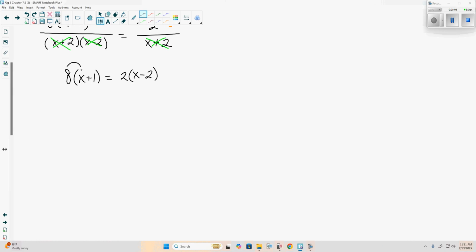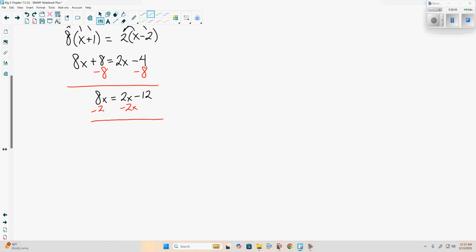Luckily for us here, this is kind of nice. We distribute the 8 and get 8x plus 8 is equal to 2 times x, which is 2x, minus 4. Minus 8 from both sides, so 8x is equal to 2x minus 12.